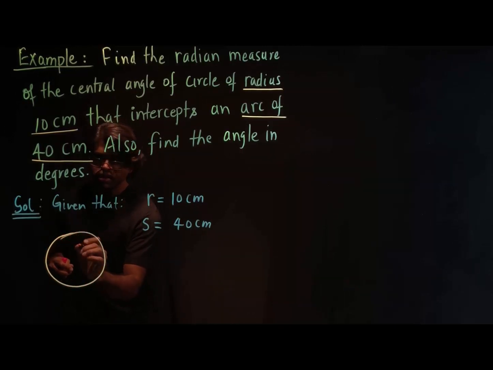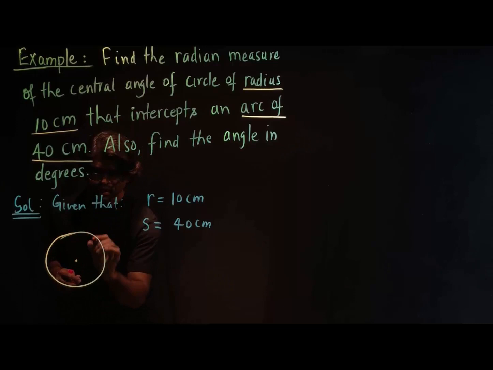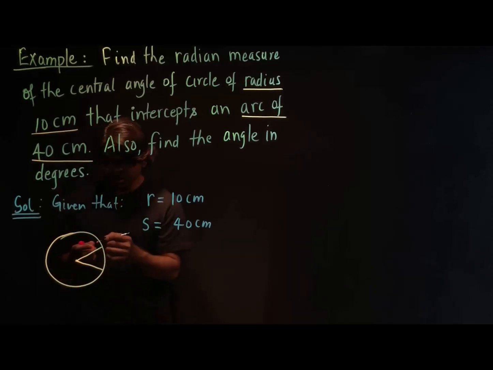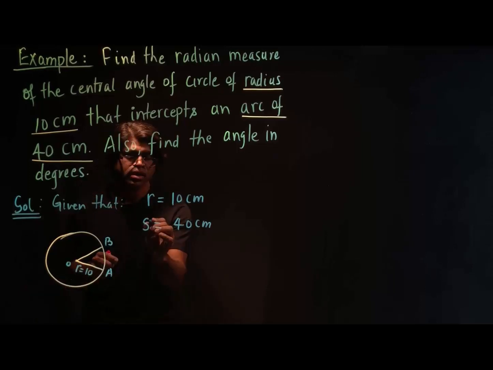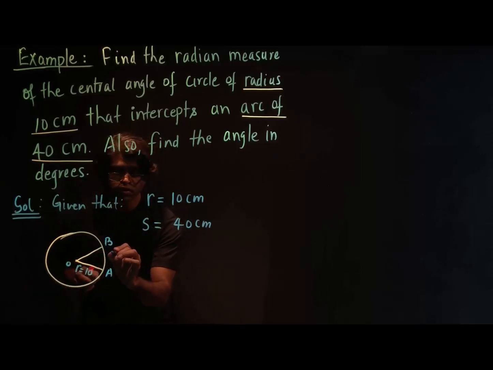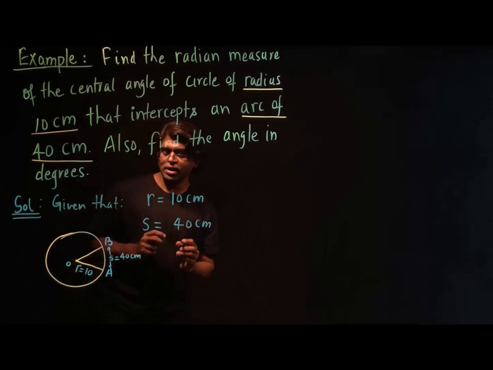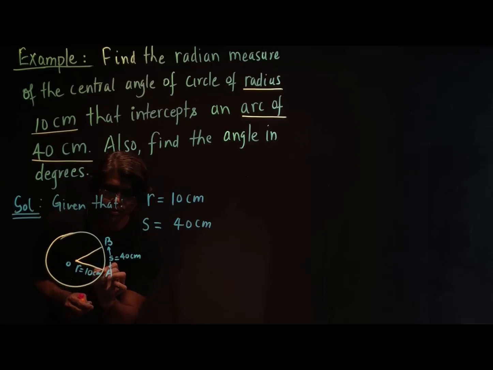As you can see, I'm trying to make a perfect circle, but I think this is what I can do. If I read the question, this is the center O, this is point A, this is point B. The radius, which is 10 centimeters, is given as 10, and the arc length is given as 40. So arc AB is given as 40 centimeter. Alright? And the radius is of course 10 centimeter.